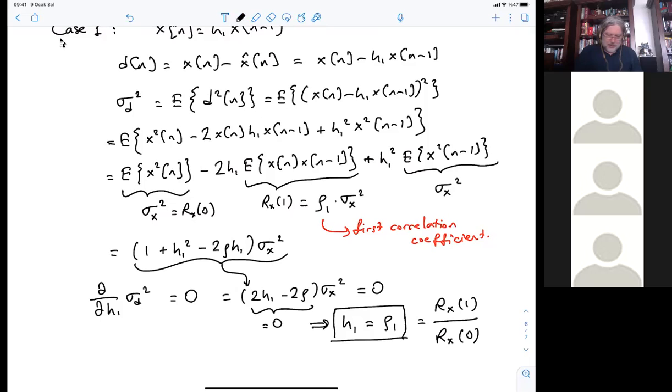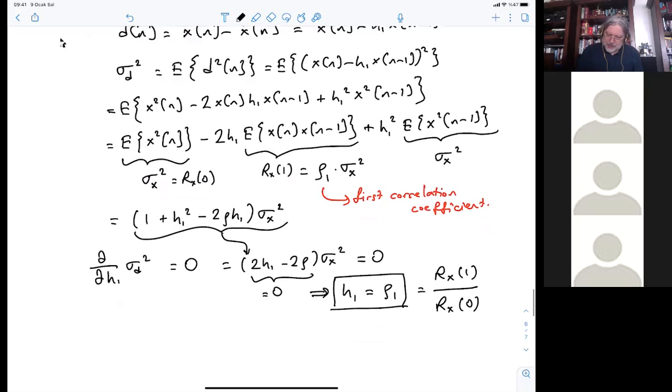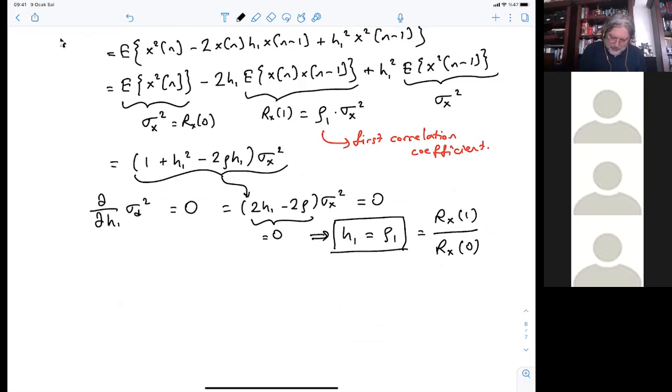But yeah, we will also analyze the error that we make with this one. And as you see, as the correlation coefficient goes to 1, then sigma d square essentially goes to 0. Just substitute it here.